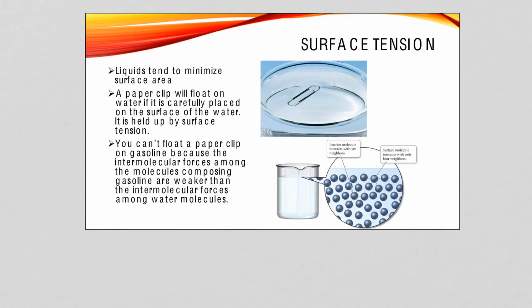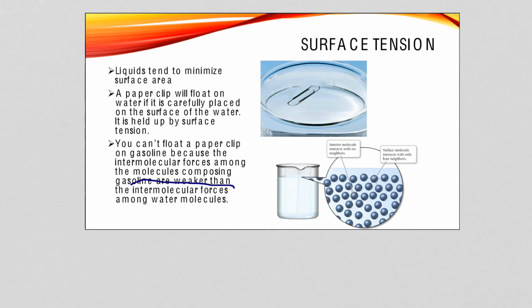Now, that force is not great. It's easy to break the surface of water, and in fact, if you take a paper clip like this and just touch it, you can typically get it to crack the surface, and then once it does, it sinks straight to the bottom. Now, different materials will have different amounts of surface tension based on their intermolecular forces.